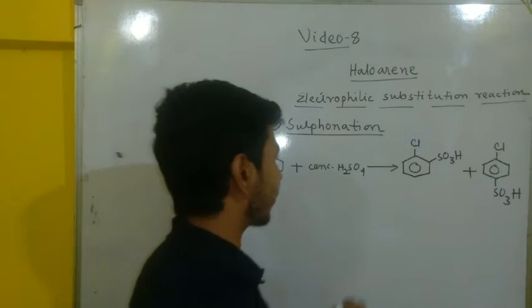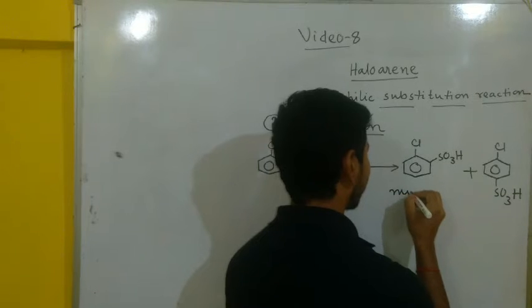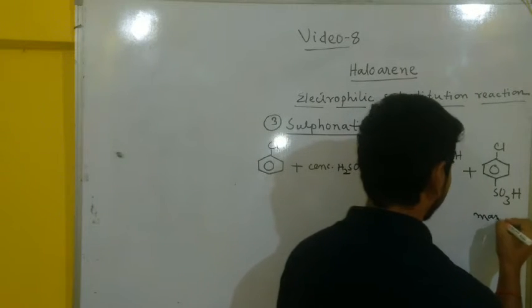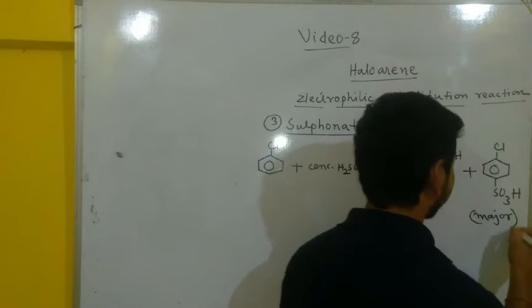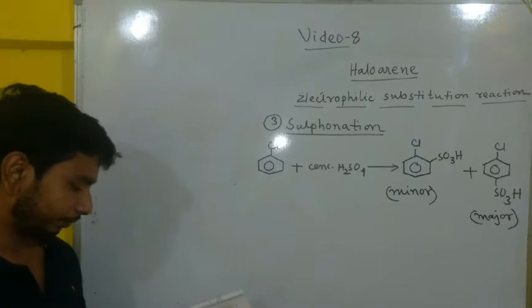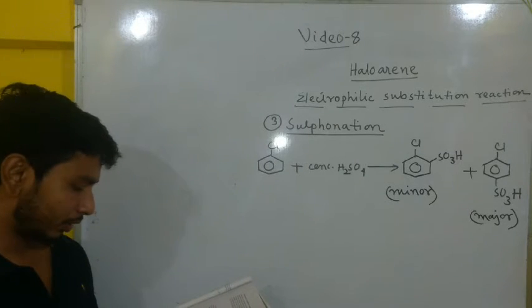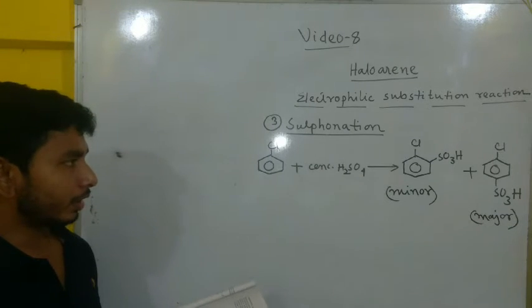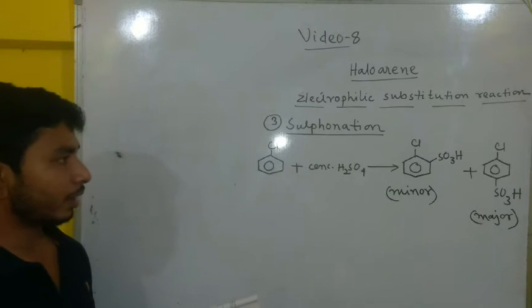the major product. So it is minor and it is major. One is minor, other is major. Now what is the name of these two products? Ortho product and para product.